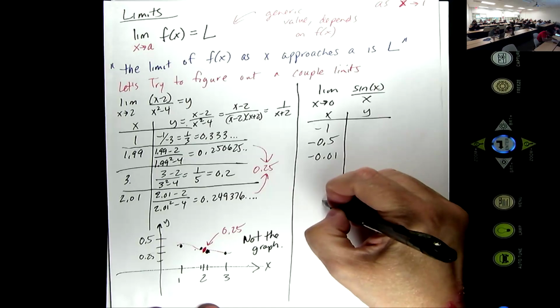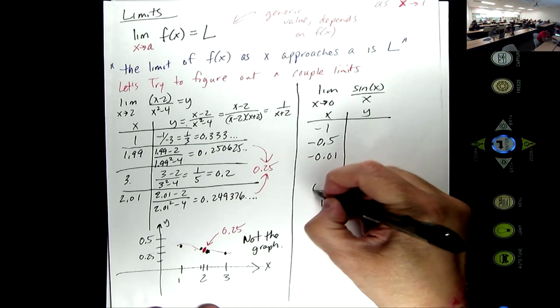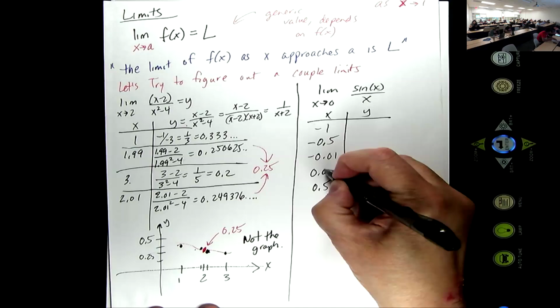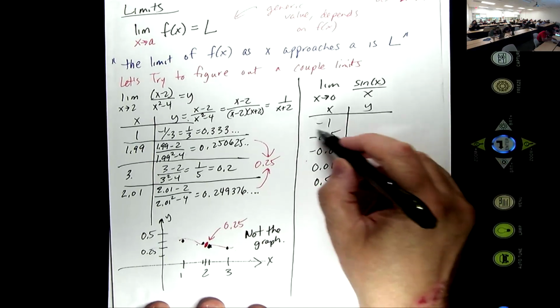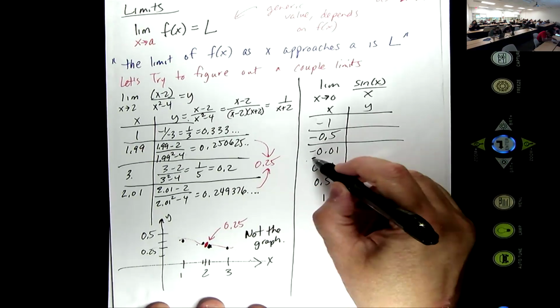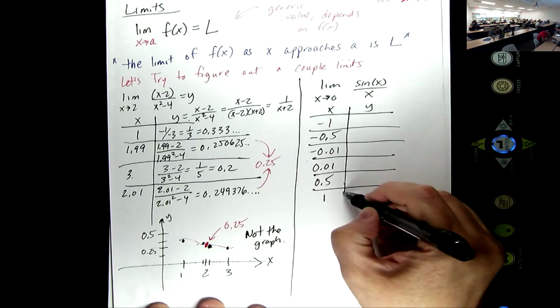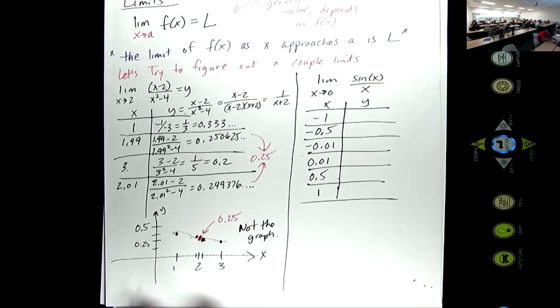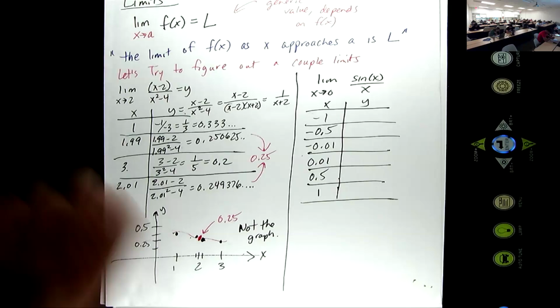Start at 1, maybe go 0.05 and 0.01, using your calculator. If someone's doing it, tell me what these values are and I'll write them in.